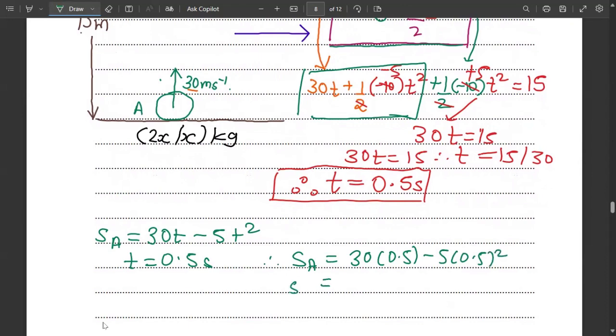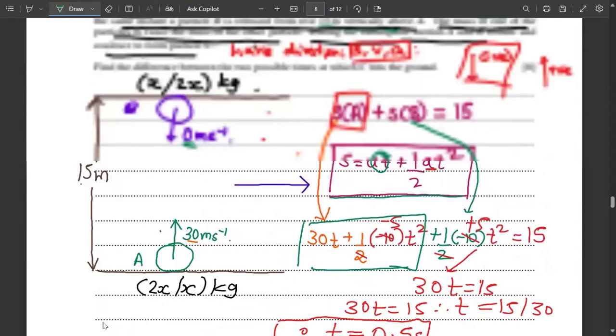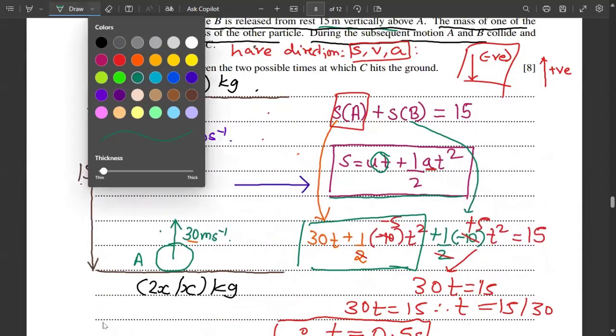If I put this in the calculator, the displacement of A which I'll get is 13.75 meter. That means A has traveled up 13.75 meter.